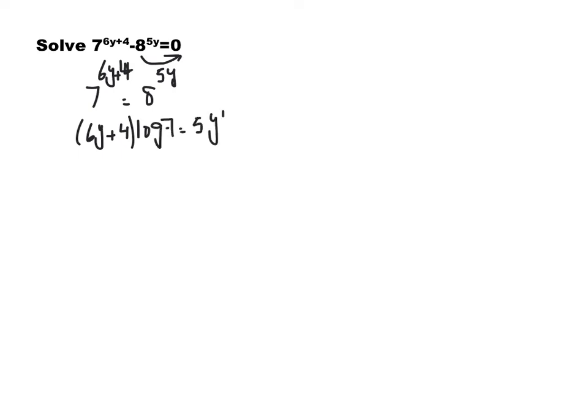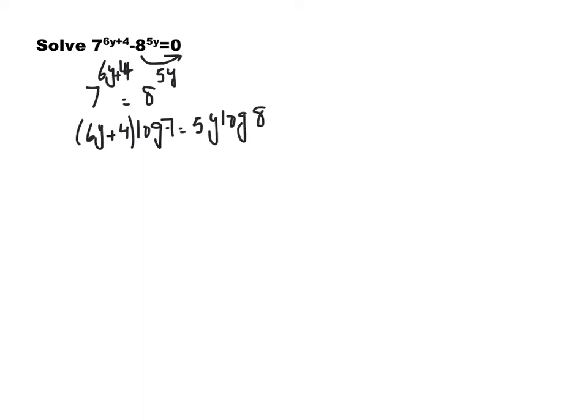To solve this one, I move this to the right, so I get 7 exponent (6y plus 4) is equal to 8 exponent 5y. Take the log of both sides, I get (6y plus 4) times log 7 is equal to 5y log 8.